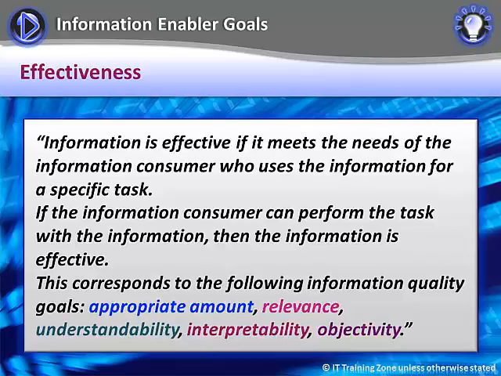This corresponds to the following information quality goals: appropriate amount, relevance, understandability, interpretability, objectivity. An obvious point here is that information serves some specific purpose. That's a fundamental attribute of information. You can see the more granular quality goals that effectiveness has been expanded to.